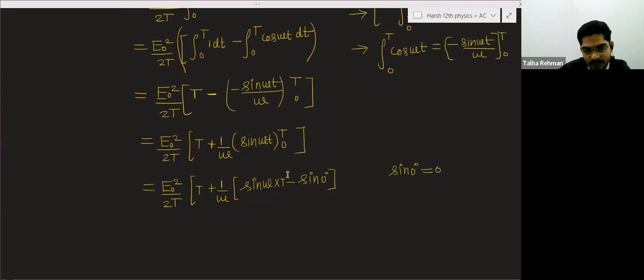So there is no existence of this part. We will have sine of omega into T, and omega is given by 2 pi by T, into T, so we will get 2 pi. The product of omega into T is 2 pi.